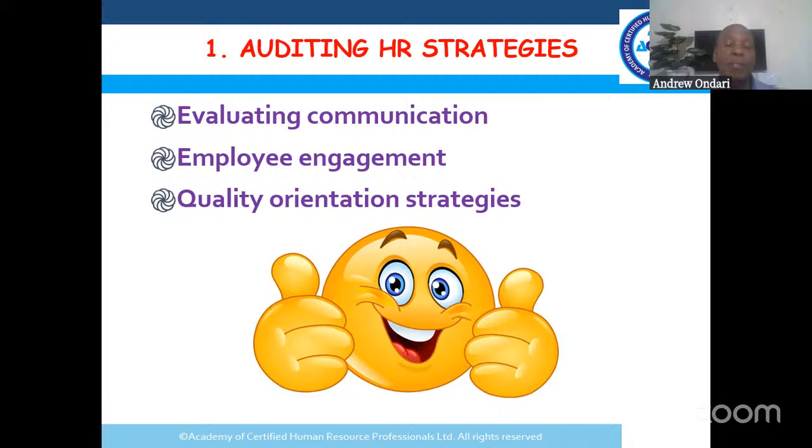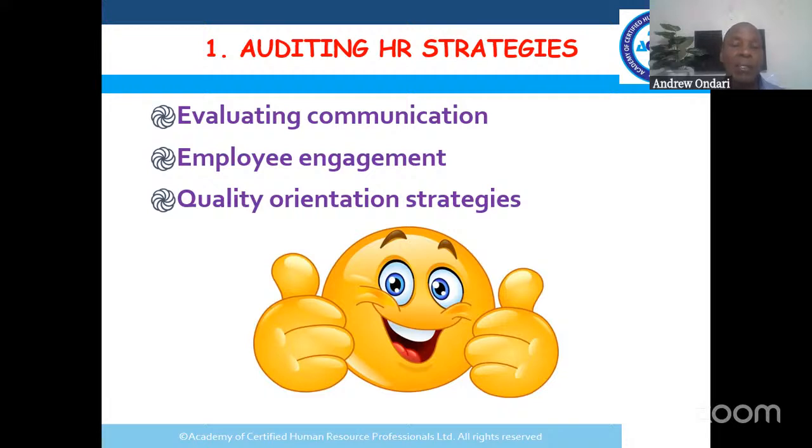And then lastly, under auditing of HR strategies, we are going to look at the quality orientation strategies. When you talk of quality orientation, it is the degree to which organizations are committed to attaining quality in all areas of function. So in HR, we are going to look at quality aspects related to either training, recruitment, performance management, and even compensation and benefits management.